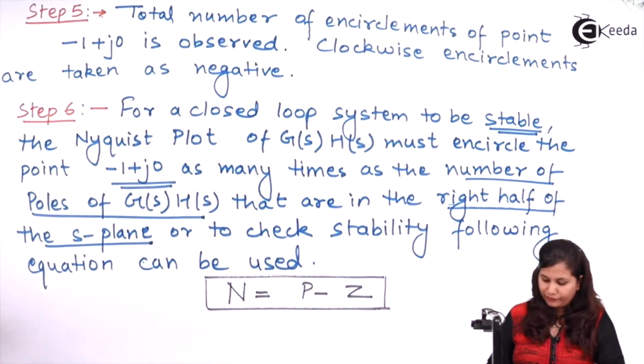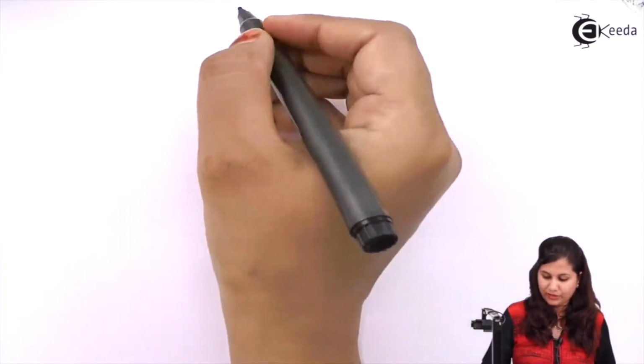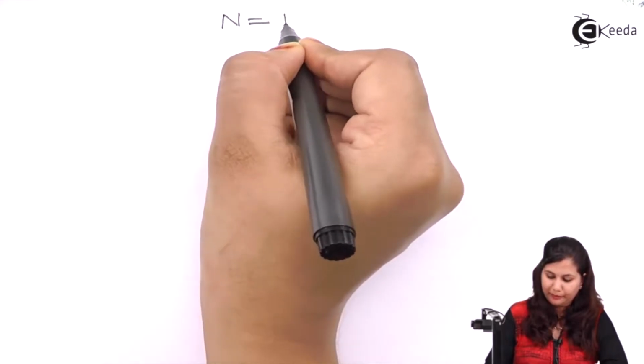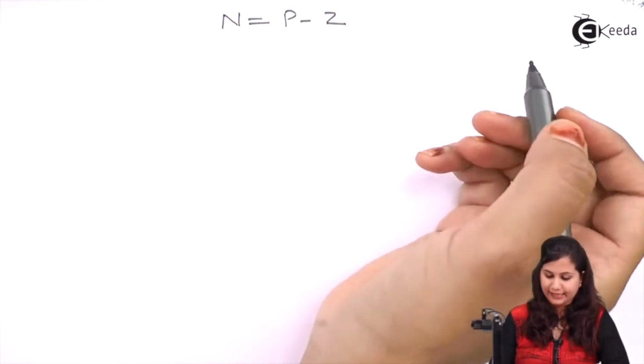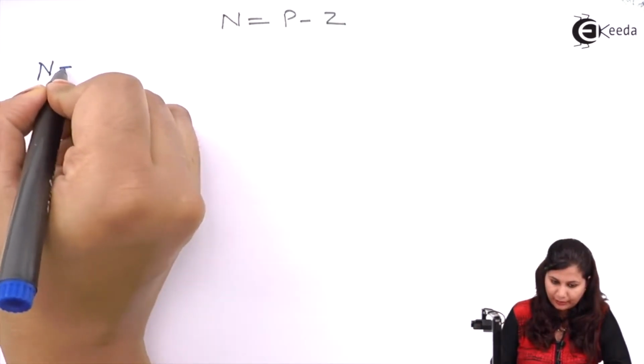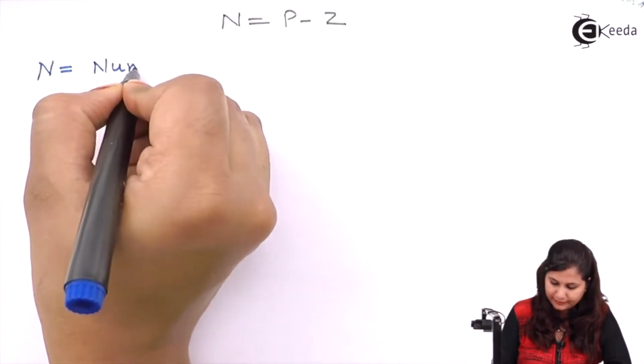So we can also use this equation N equals P minus Z. Let me write what these N, P and Z are. N is the number of encirclements.